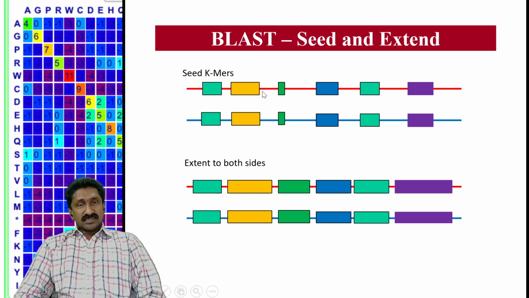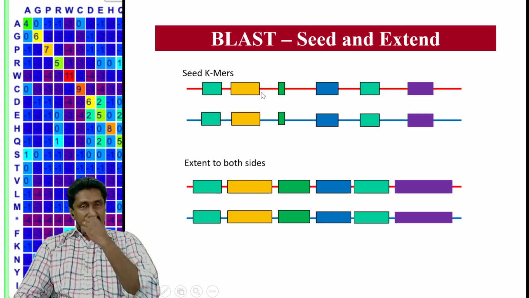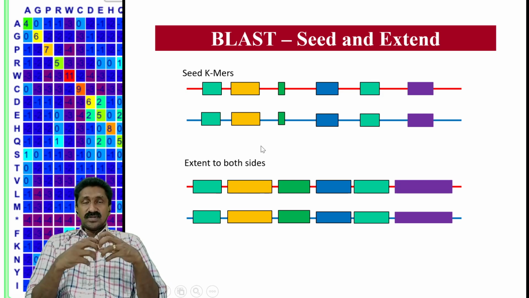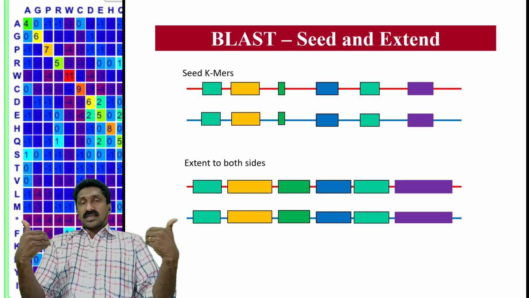Maybe some mutations or other base changes will be there, and alignment algorithms like Smith-Waterman, which works on local alignments, will proceed with alignment on both sides. That is the extension process, in which the initially seeded word is extended on both sides.